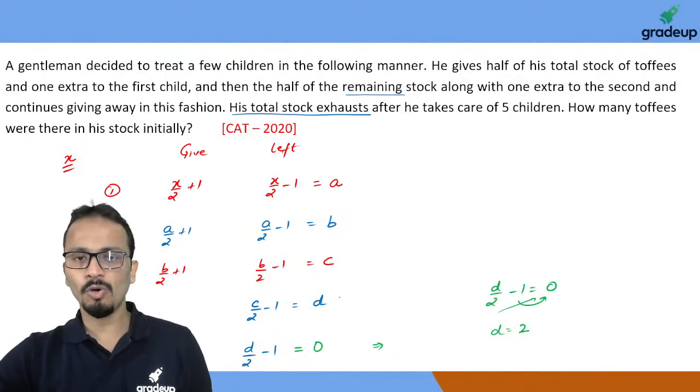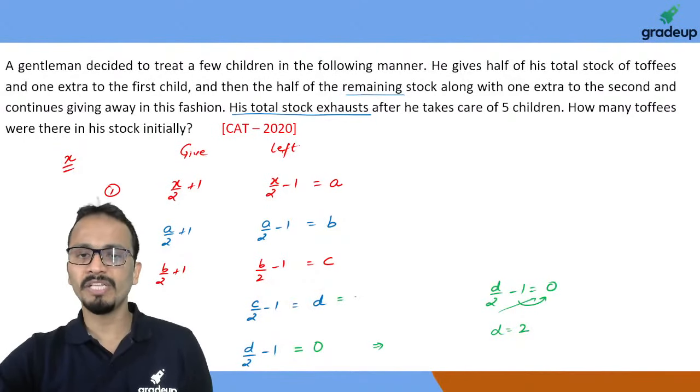I'll substitute the value of D as 2 in the previous step. Now using this, you can find the value of C. The value of C will be 2 plus 1, that is 3, multiplied by 2, which is 6. How have I calculated this value? 1 will go to the right hand side and then 2 will be multiplied.